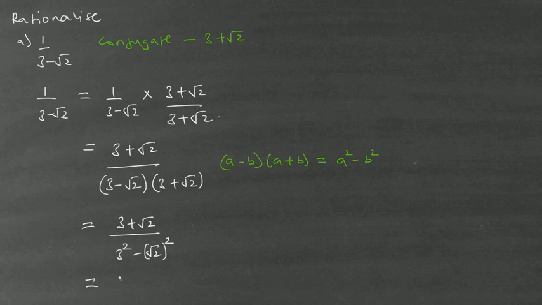So this will be equal to 3 plus root 2 over 9 minus 2, giving us 3 plus root 2 over 7. You see, finally we don't have any surd in the denominator.